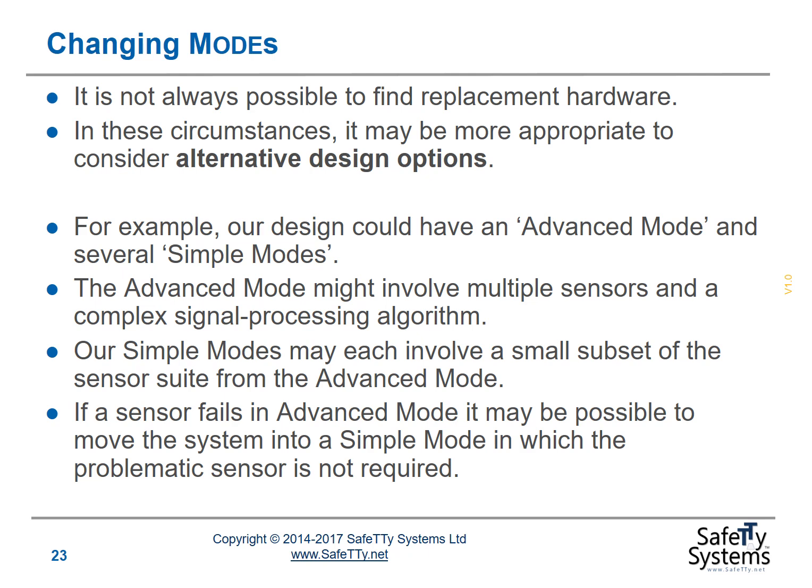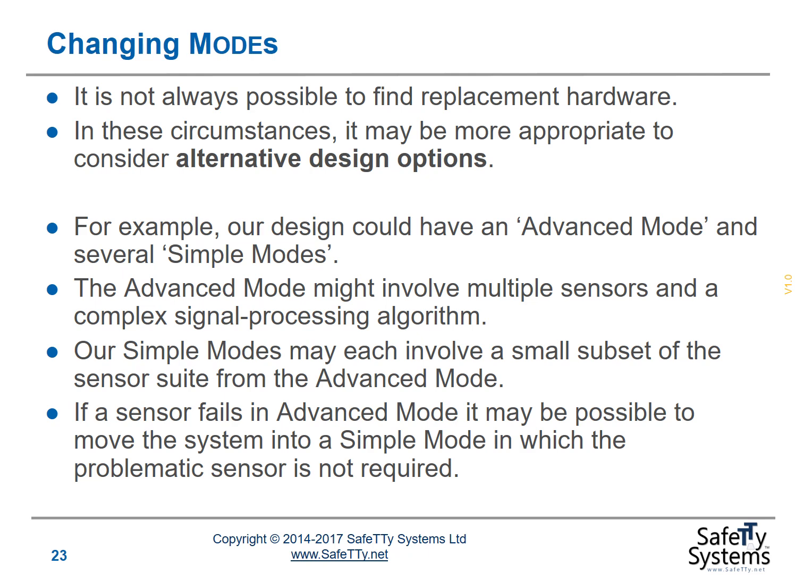It's not always possible to provide replacement hardware. In these circumstances, it may be more appropriate to consider alternative design options. For example, our design could have an advanced mode and several simple modes. The advanced mode might involve multiple sensors and a complex signal processing algorithm.